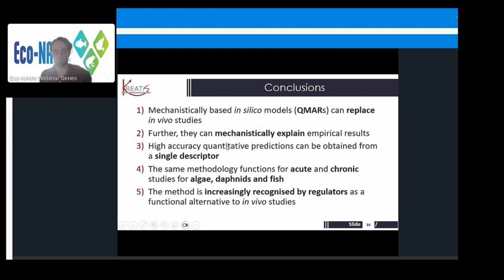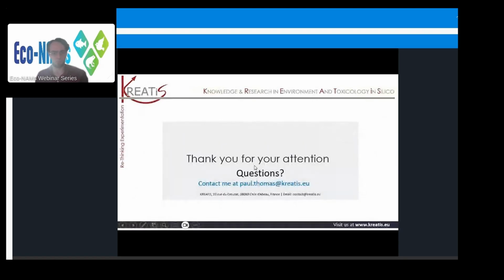High accuracy quantitative predictions can be obtained just from a single descriptor, in this case water solubility, when it's used in combination with a mechanistic methodology. The same methodology functions for acute and chronic studies, also for algae, for Daphnia, and for fish, and is being increasingly recognized by regulators. So I thank you very much for listening, and if you have any questions, please let me know.